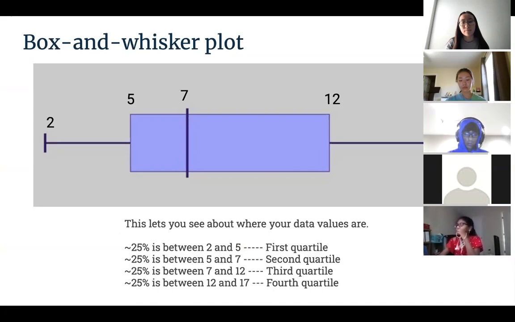No, not really. Basically the way you're going to do it is you take the smallest number, and that's going to be the number on the leftmost side, and then you take the largest number, and that's going to be the number on the rightmost side. So in this example, it'd be 2 and 17, right? And then you take your median, which is 7, and that's the number in the middle, at that line.